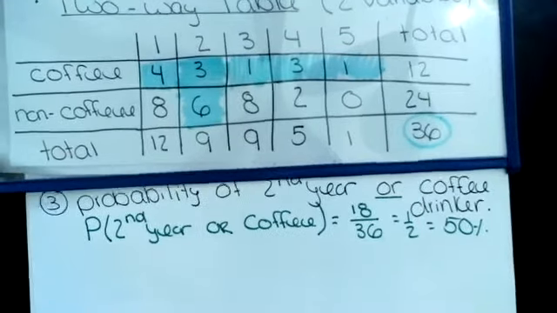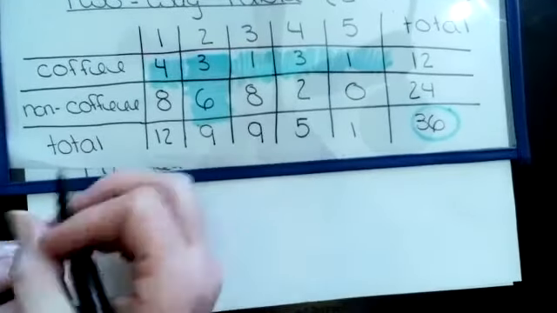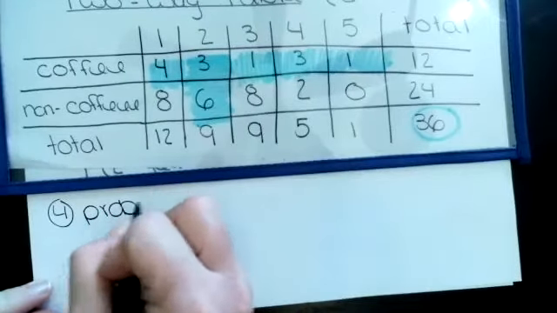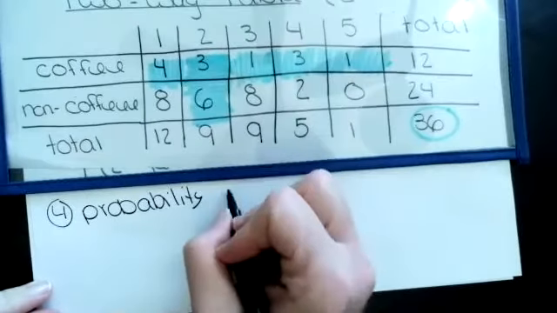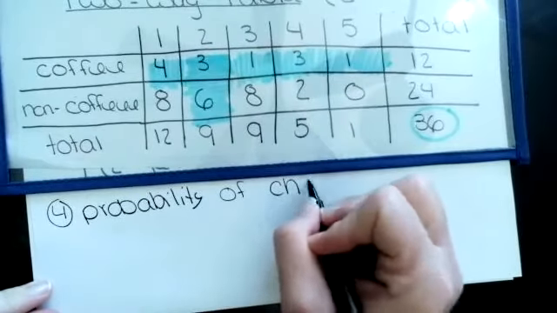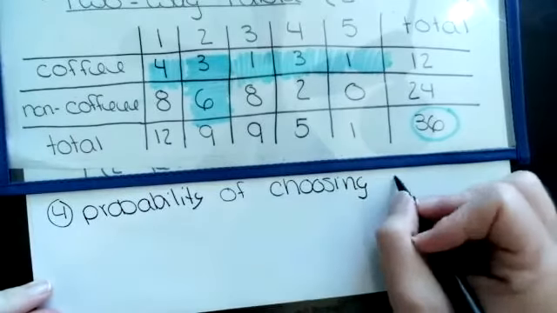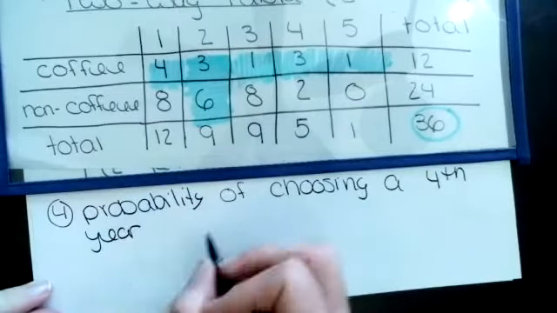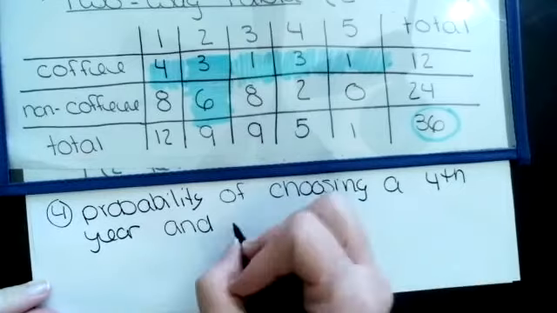All right, let's take a look at another one, very similar to that one, but a little different. So this last one we're going to look at is the probability of choosing a 4th year student and coffee drinker.